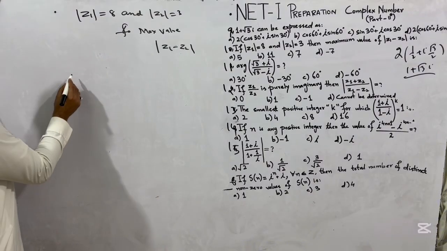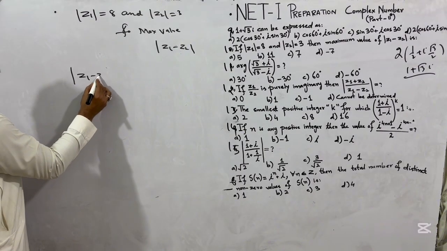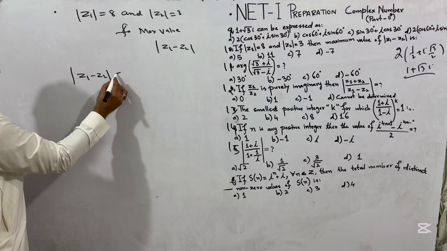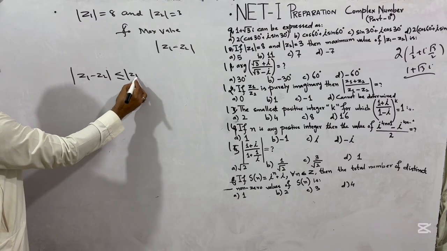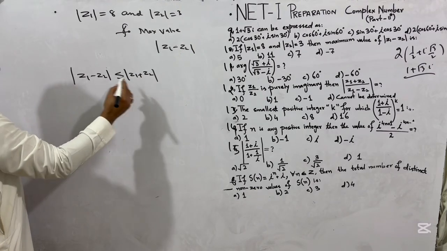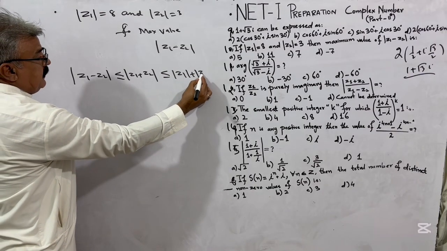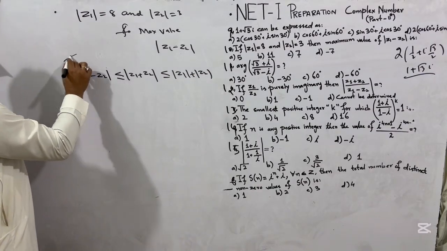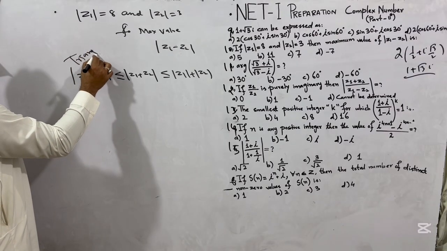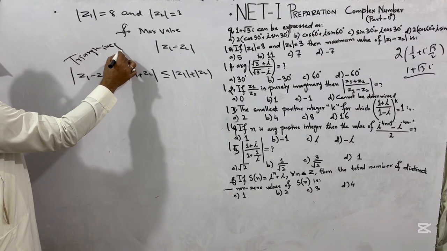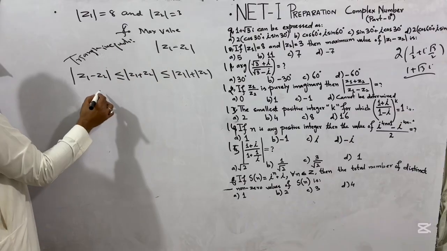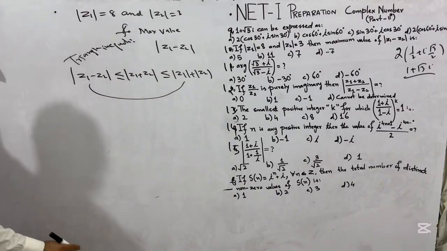Applying triangle inequality, if you are familiar, mod of z1 minus z2 is less than or equal to mod of z1 plus z2, and this is less than the individual mods, mod z1 plus mod z2. This is known as triangle inequality. We are interested in these two.